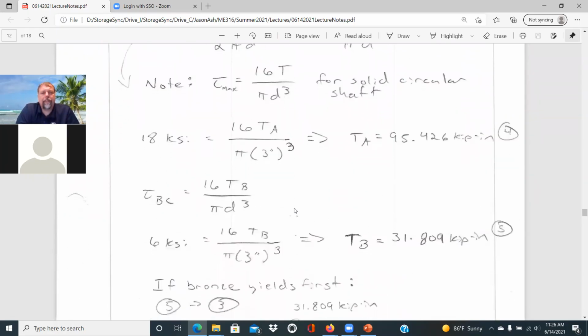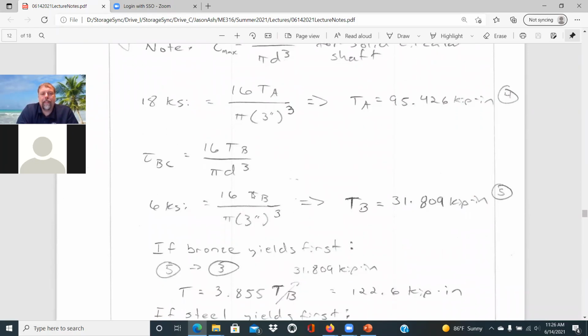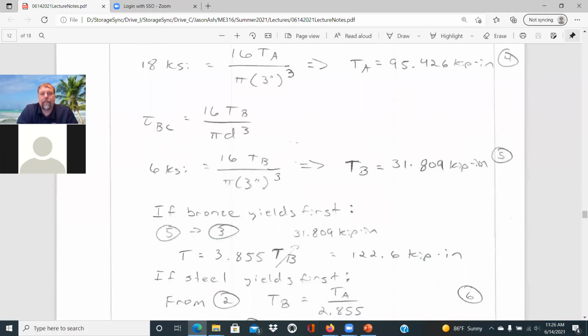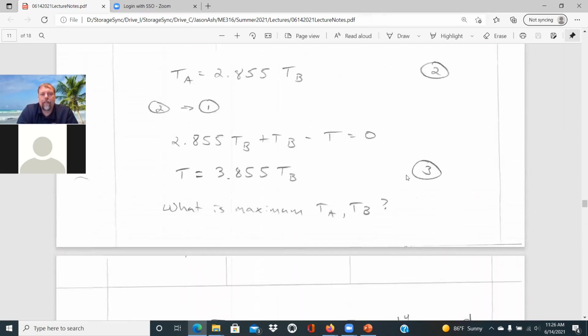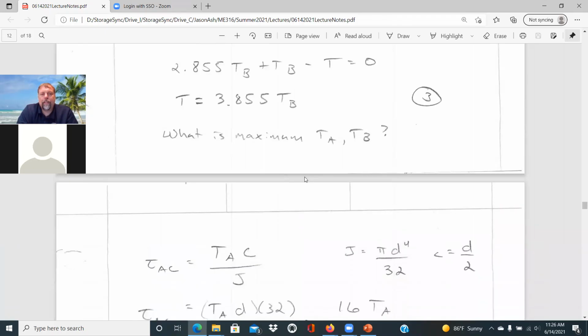And so for the one material, the yield strength is 18 KSI. And so that gives us a maximum torque of 95.426 kip inches. And if we do the same thing for section BC, we find its maximum torque is 31.809 kip inches. And then at that point, we can speculate if the bronze yields first, if we put 5 into 3 above. TB is for the bronze material.